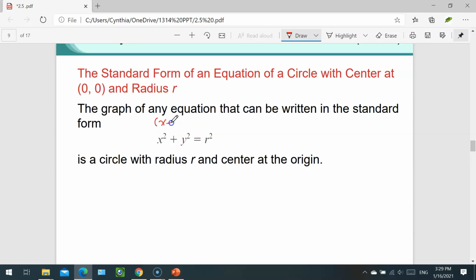So (x minus h) squared plus (y minus k) squared equals radius squared becomes x squared plus y squared equals radius squared, since h is 0 and k is 0.